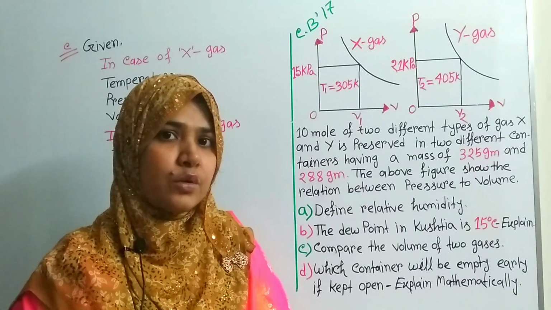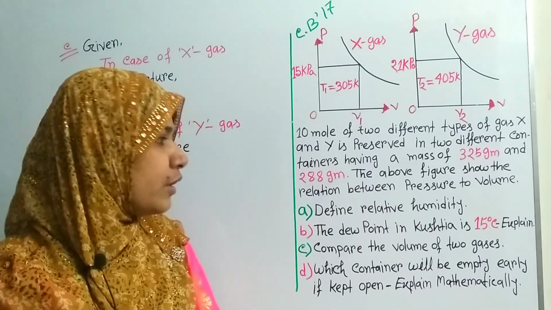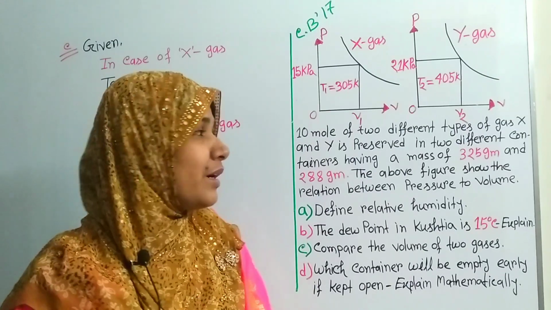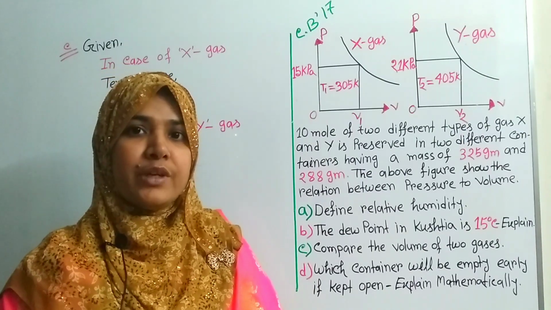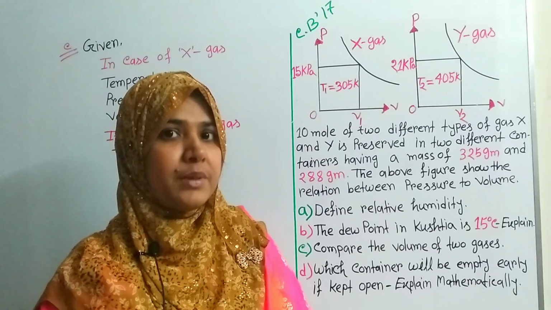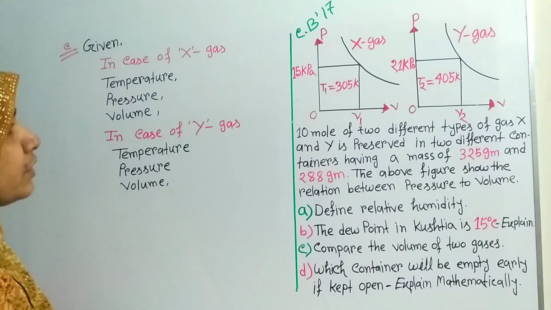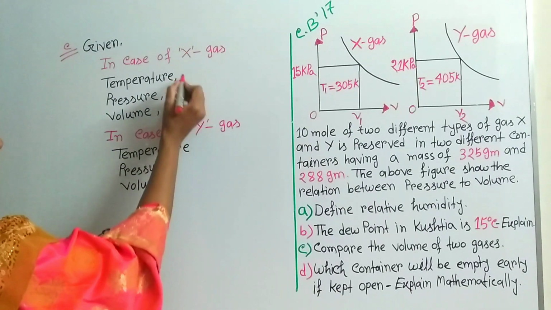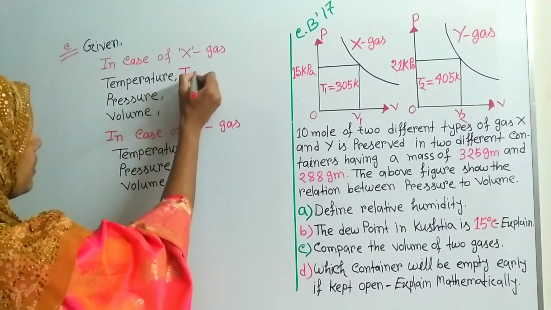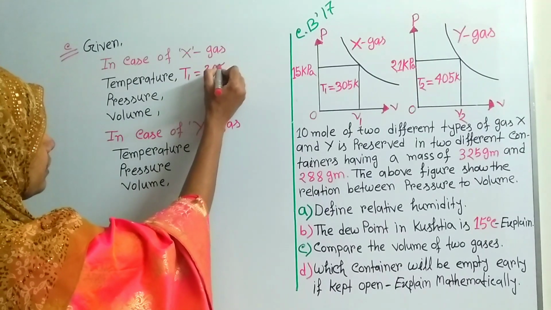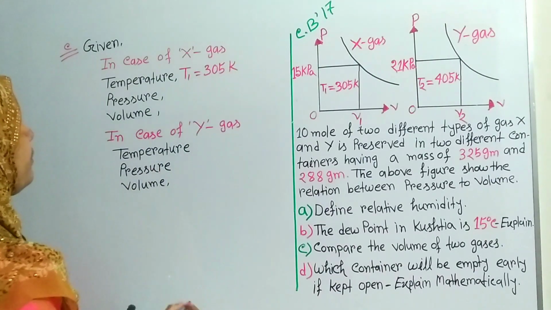Question C, and the question is compare the volume of two gases. So here from the given stem we can see that the given information is, in case of X, the temperature T1 is given 305 Kelvin.